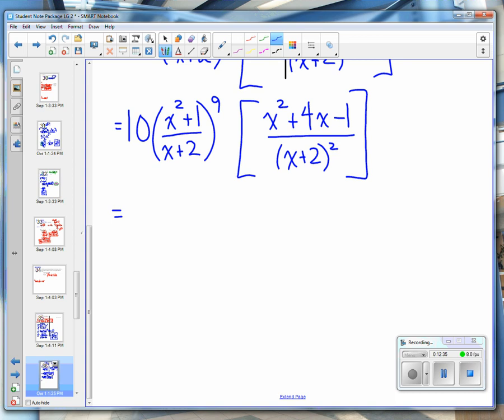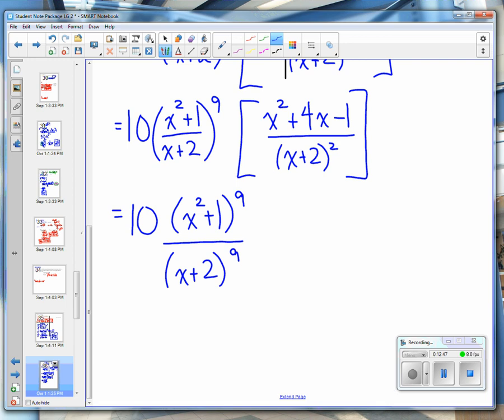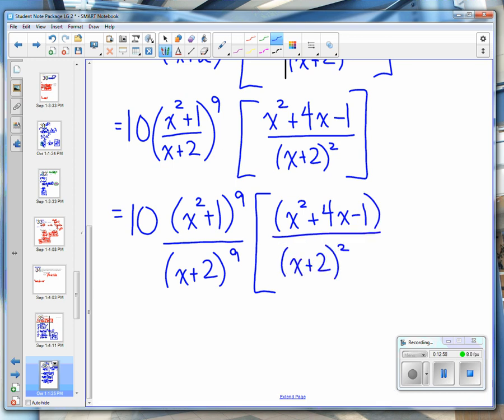Now if I really separate everything, basically I've got x squared plus 1 to the power of 9 divided by x plus 2 to the power of 9, right? And then I've got that being multiplied by x squared plus 4x minus 1 divided by x plus 2 squared.